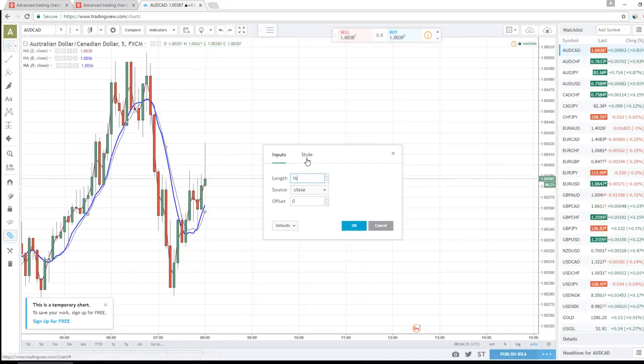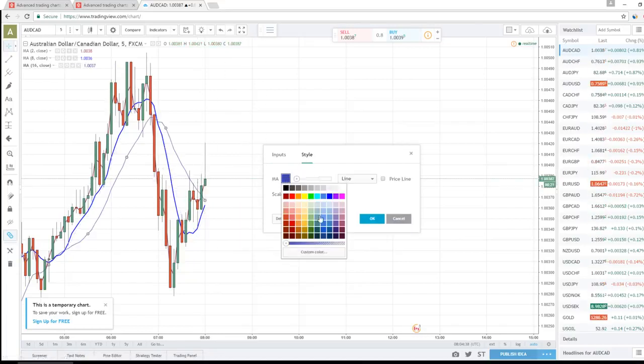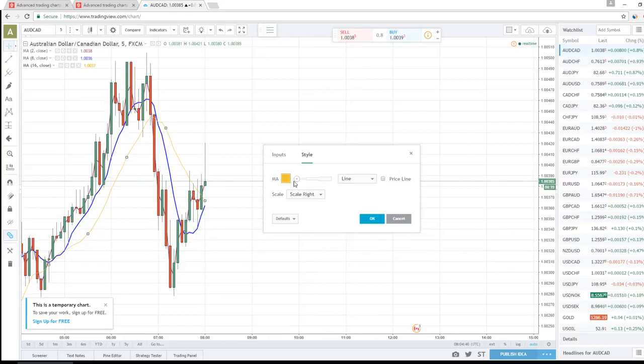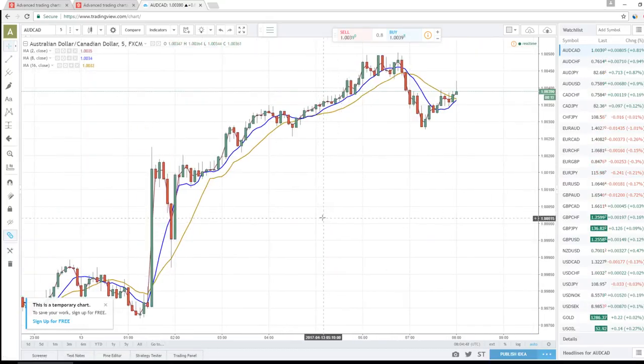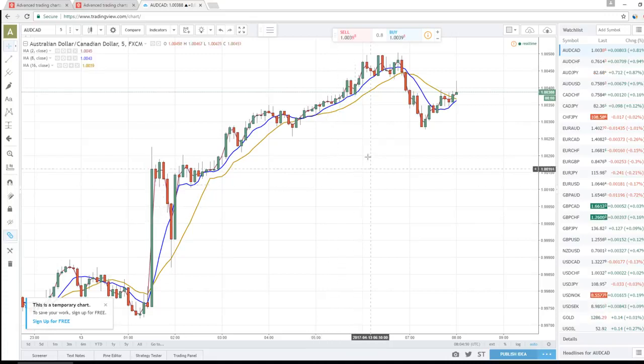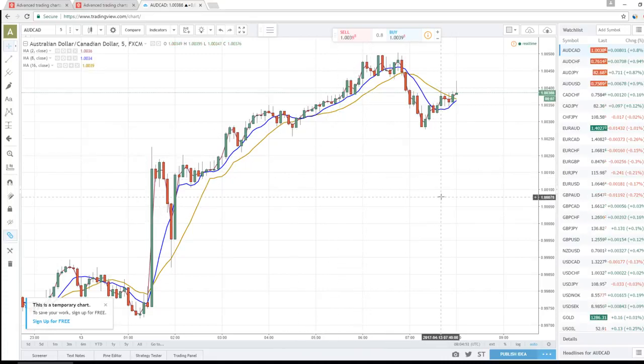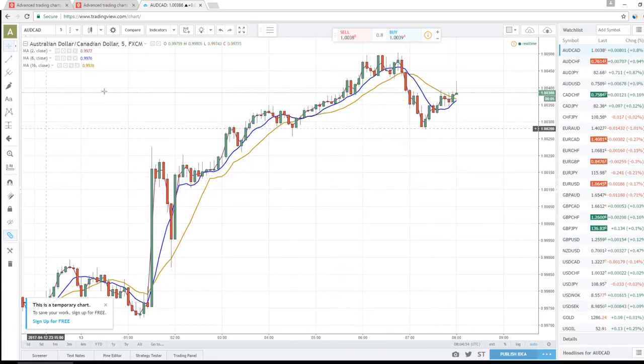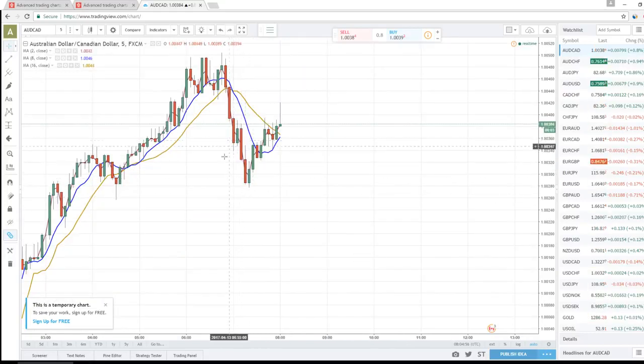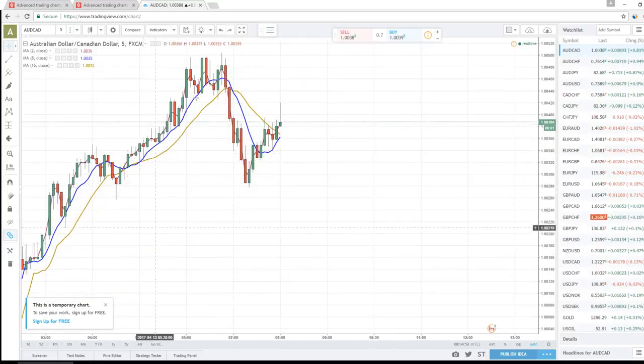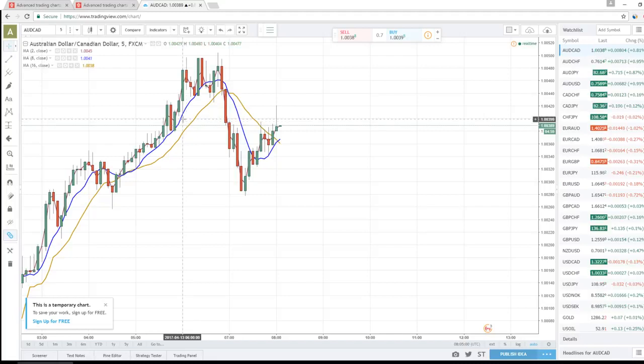Well, we use different lengths here, in order for us to get a more exact analysis. So right now we have 3 moving averages on the chart with different lengths: 2, 8 and 16 candles.